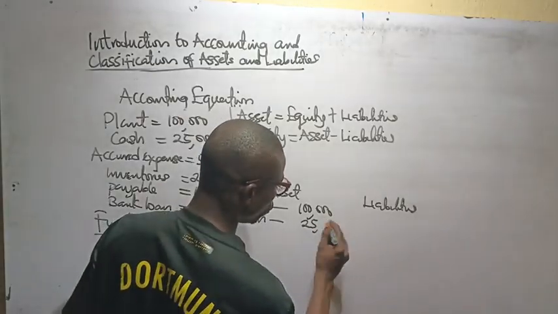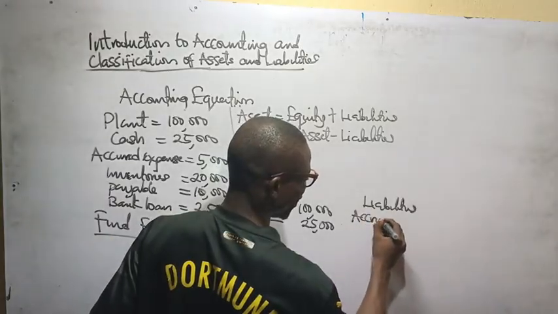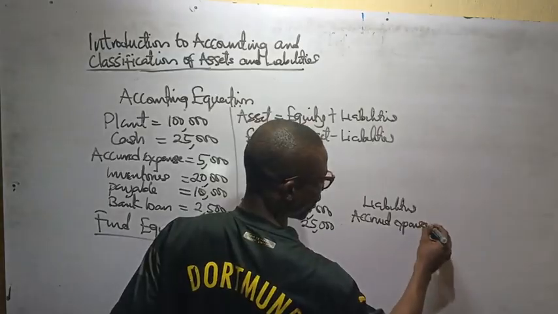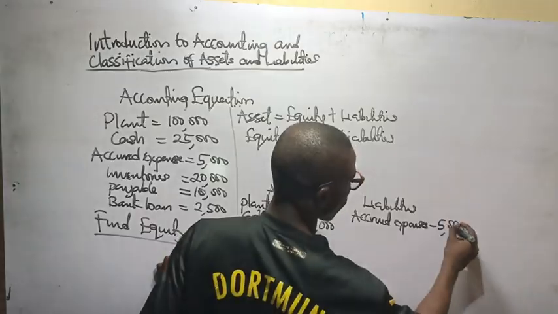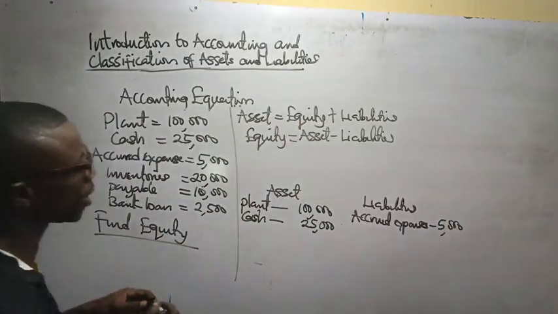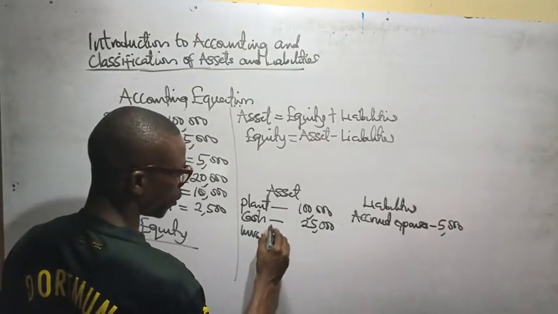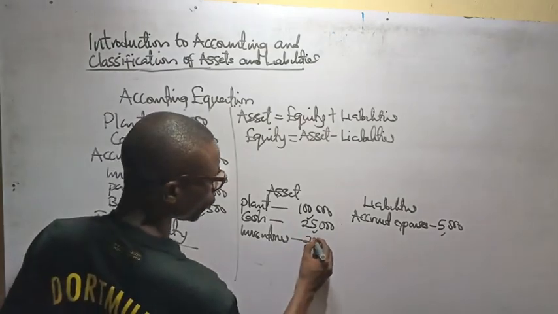Liability. Thank God you know that. So accrued expenses, that's 5,000. Now inventory, is it an asset or liability? Yes, asset. How much is it? 20,000.